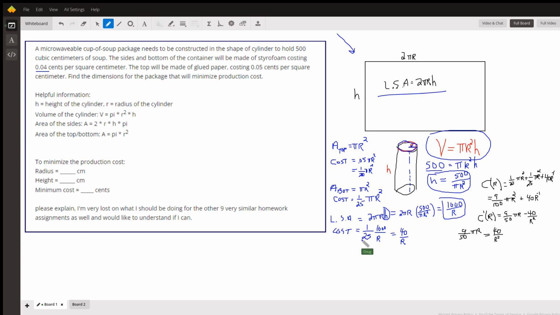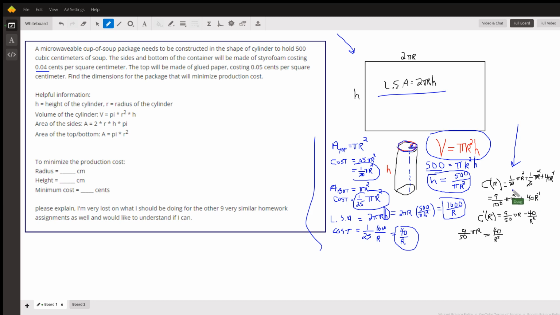Each of those square centimeters costs 4 cents, or multiplied by 1/25th, which is 40 over r. So now with all of this, that allows us to create the cost function. C depends on r. We add this cost plus this cost plus this cost. We will have the cost of the cylinder, depending on the radius that we set.